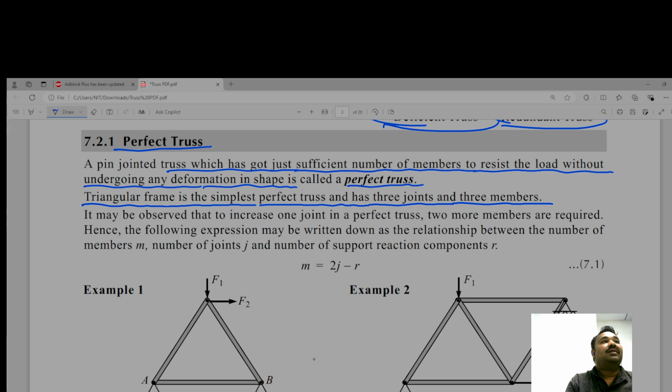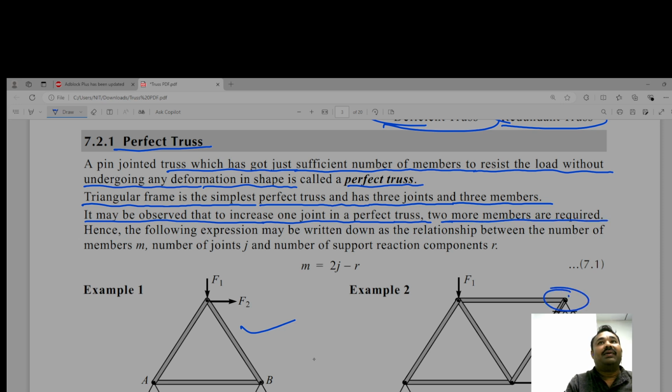It may be observed that to increase one joint in a perfect truss, this is the perfect truss, and now we're talking about after adding one joint. Here you can see this is the extra joint.